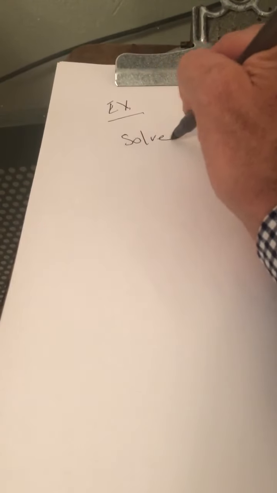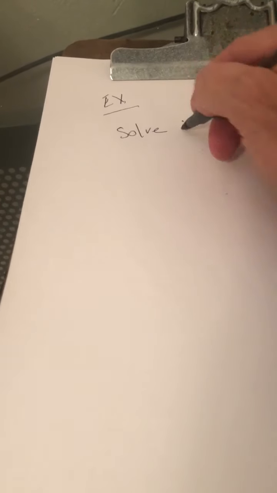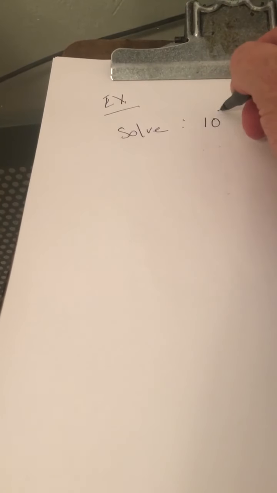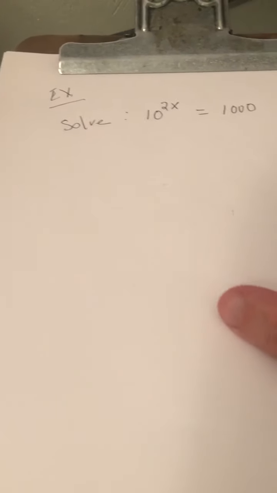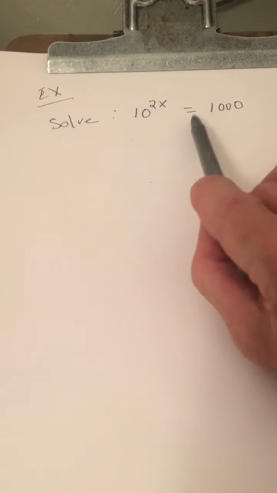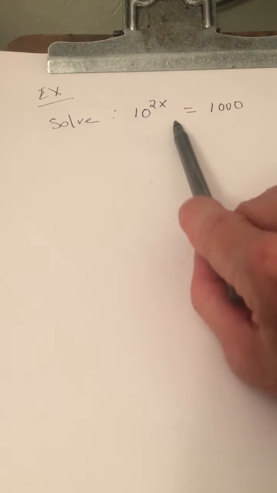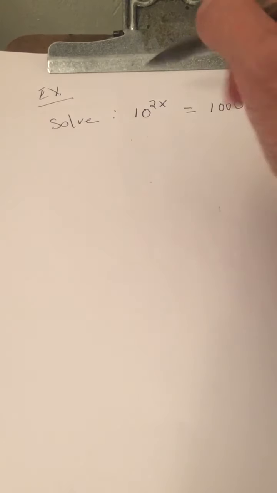Okay, let's try another. Solve 10 to the 2x equals 1000. So I need to rewrite this equation somehow so that we have the same base on both sides.